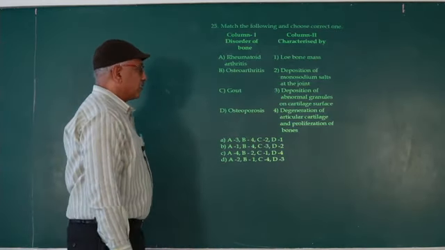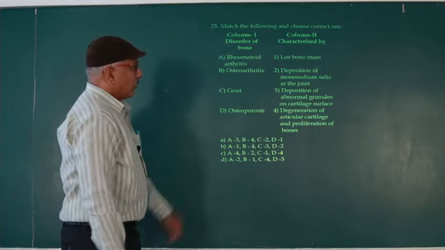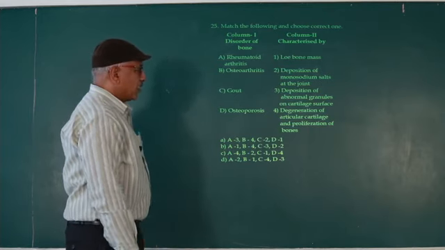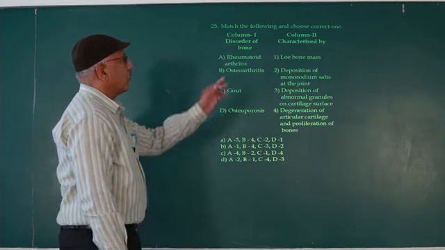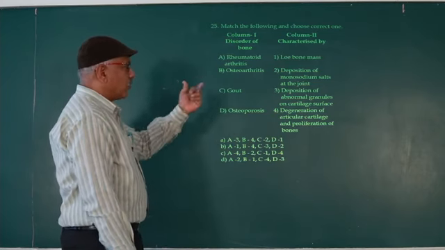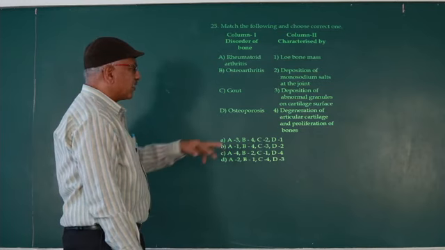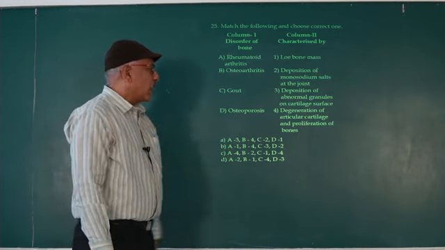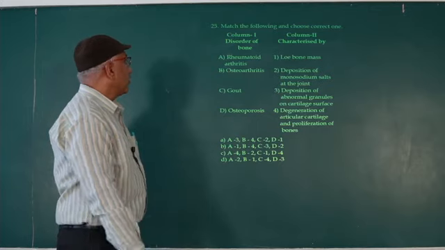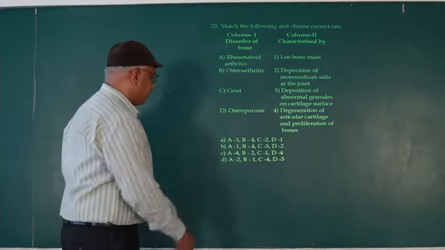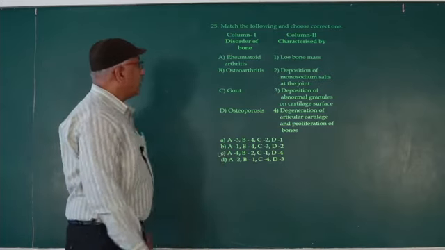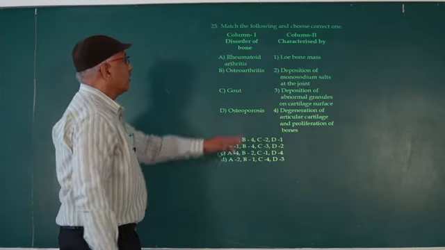Rheumatoid arthritis. Rheumatoid arthritis is an autoimmune disorder. Low bone mass, deposition of monosodium salt, abnormal degeneration of articular cartilage and proliferation of bones. So A4. B, osteoarthritis.